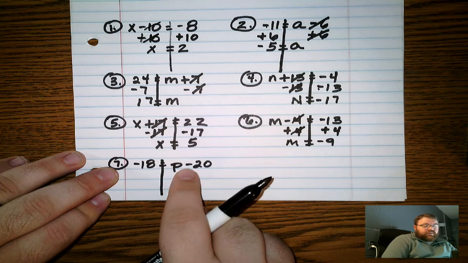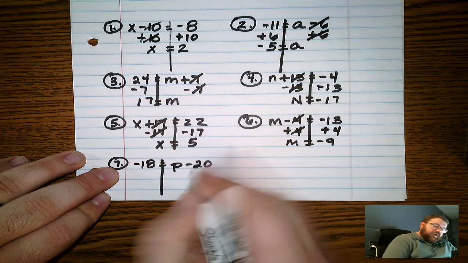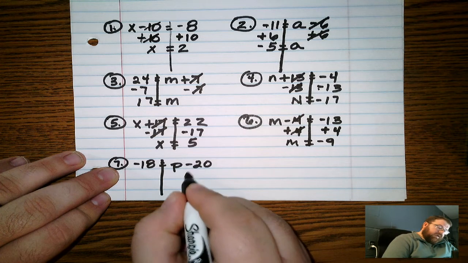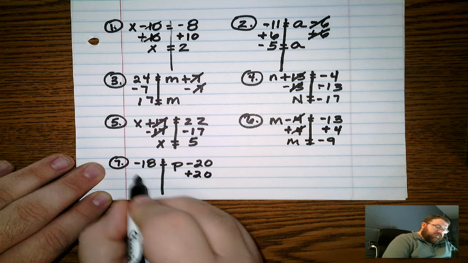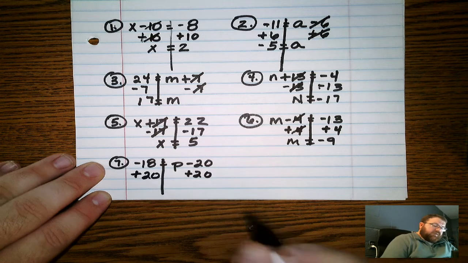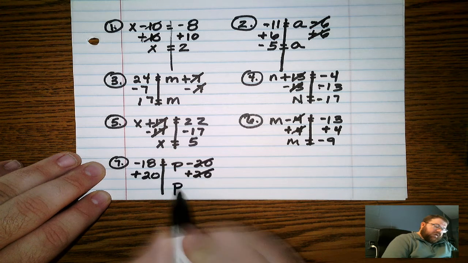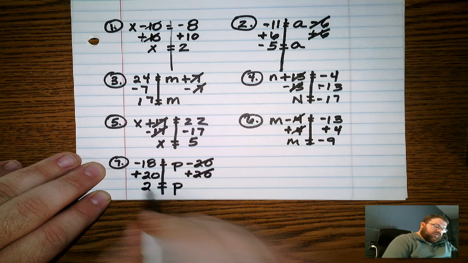In this case, it's subtracting 20 or negative 20. And I am going to ask myself what is the opposite of that, and that's going to be adding 20 or positive 20. Remember, I have to do it to both sides. Negative 20 plus 20 cancels. p is equal to negative 18 plus 20 is 2.